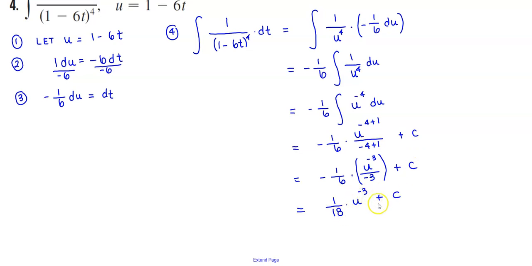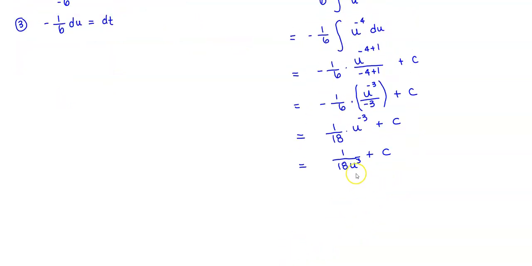Now, u to the negative power 3, in order for this to become positive, we're going to take the reciprocal of that. So this is going to be 1 over 18 times u to the positive 3 power plus c. And so now the next thing we want to do is put in our substitution for u.